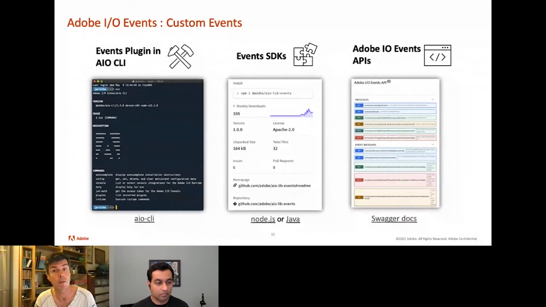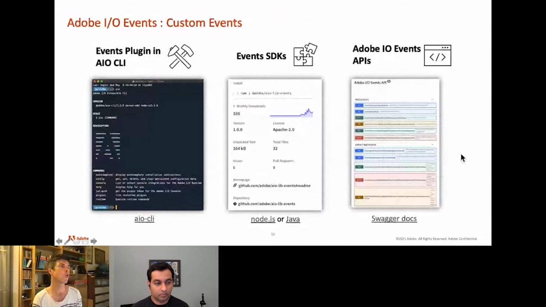We also built a few open source SDKs. You could choose to go the JavaScript way with Node.js, or you could choose to go Java and use the open source SDK we built in Java. We also published the HTTP API specification through OpenAPI and Swagger docs, so you are free to use that as well if you feel like it.